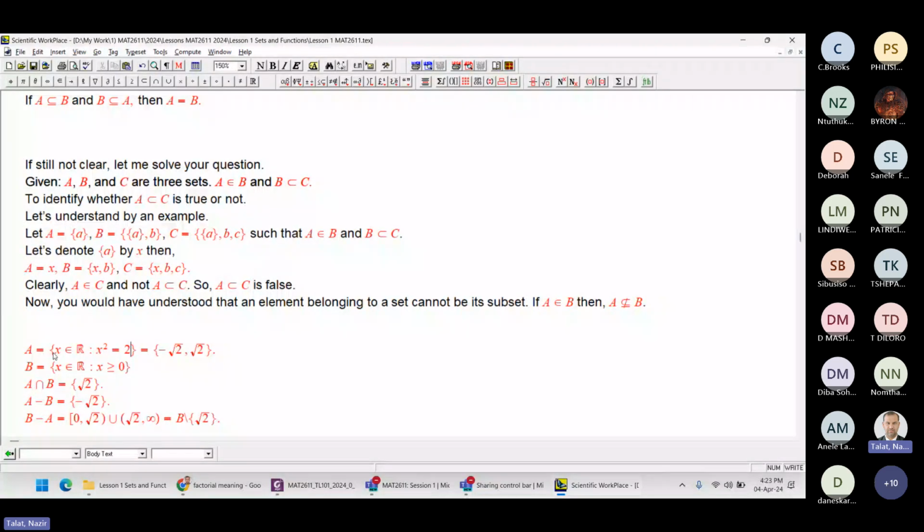We notice that if we take minus square root 2 and square root 2, the square of both elements becomes 2. So the only two elements satisfying this condition are minus square root 2 and plus square root 2. So A is a discrete set having these two elements.